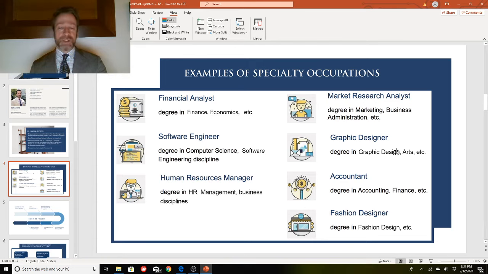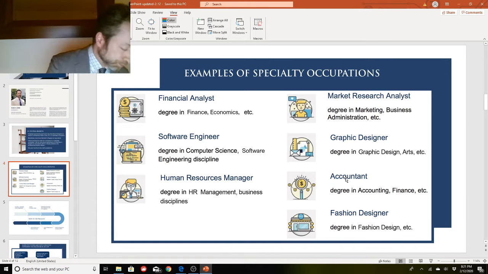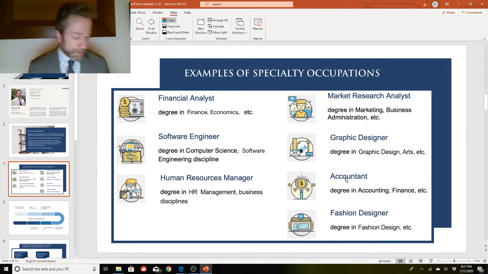One of the most common specialty occupation jobs is an accountant. An accountant clearly needs a degree in accounting or a closely related degree, and we've done many H-1B visas successfully for accountants. Other possibilities are fashion designers and other types of specialty occupations.